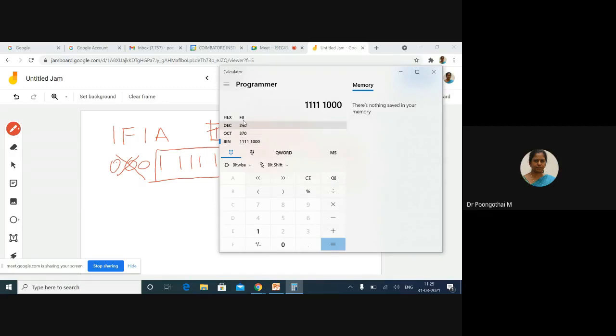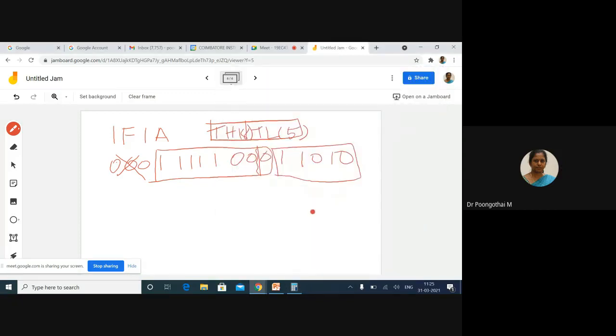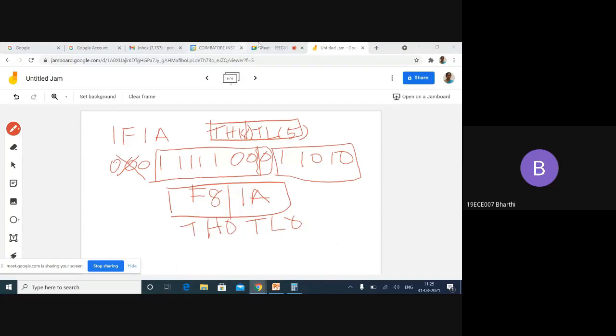F8. F8 is the MSB value. So the converted value is F8 1A after discarding the bits. This 1A should be loaded into TL0 and F8 should be loaded into TH0. Is that clear? Yes, ma'am.